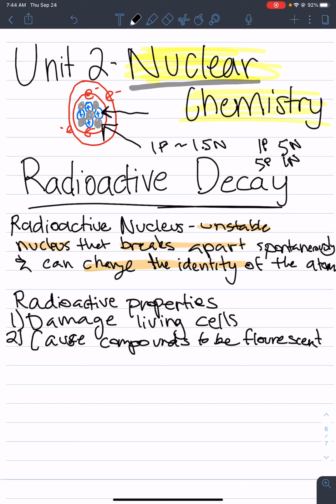Well, that's not true for everything. For most things that does happen, we do see some type of fluorescence around these compounds, so it's pretty cool that that is actually a real thing. It's not just in the movies. And the third thing we're going to talk about is that it can create an electric charge around the element.